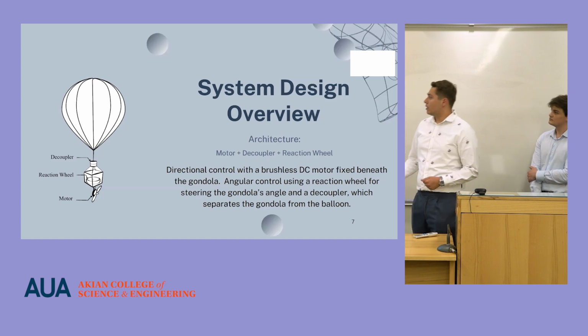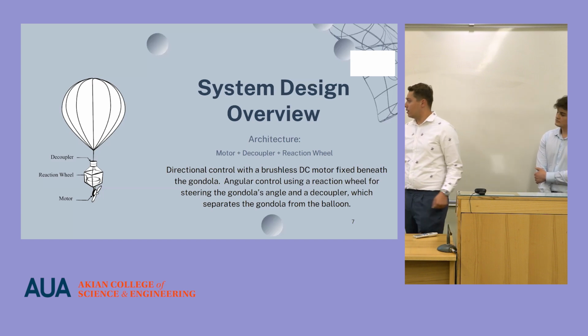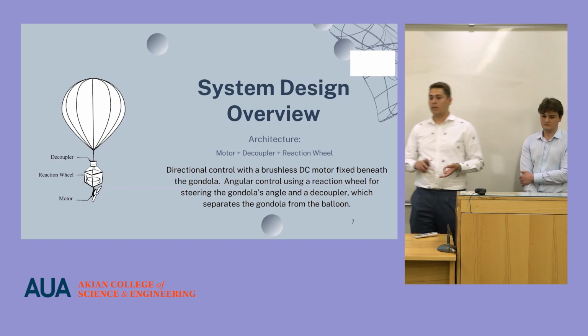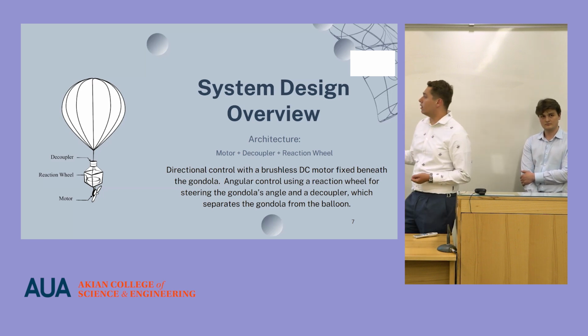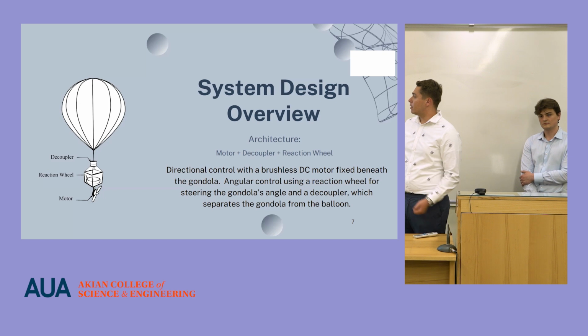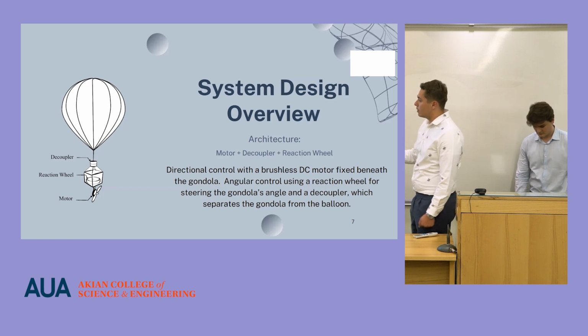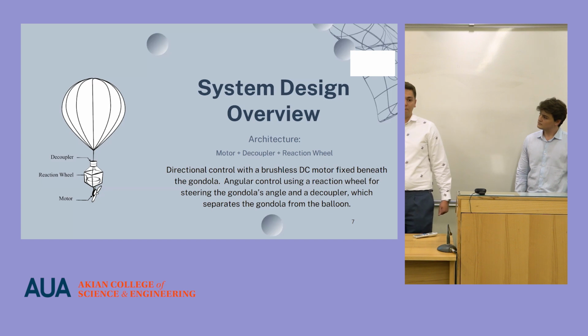Our design is composed of two subsystems: the angular control and the speed control. The angular control is done by a decoupler and a reaction wheel, and the speed control is done by a fixed motor.